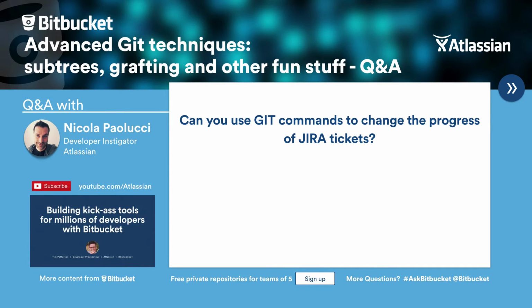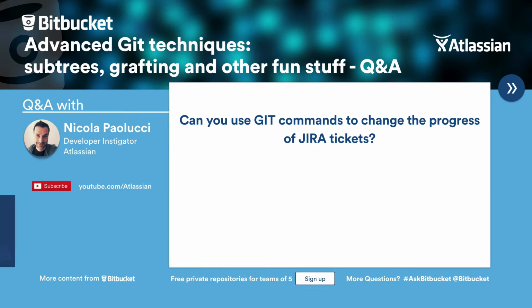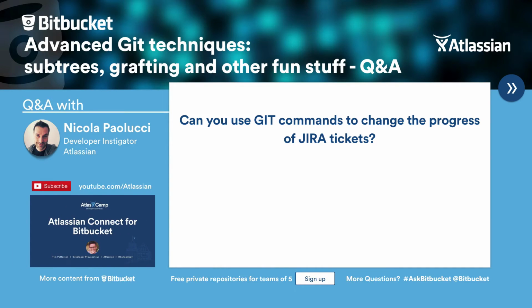Next question. Can you use Git commands to change the progress of Jira tickets? It's a very interesting question. The answer is one that I'm very happy and excited about, and it's something that we already announced quite a while ago, I think last year. We have a deep integration between Jira and Bitbucket, both the server and cloud.